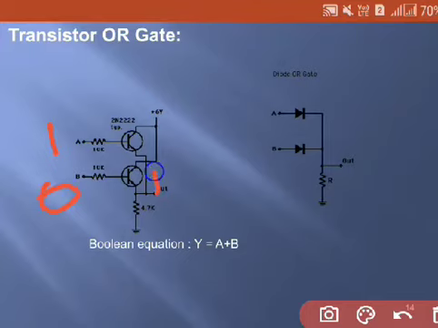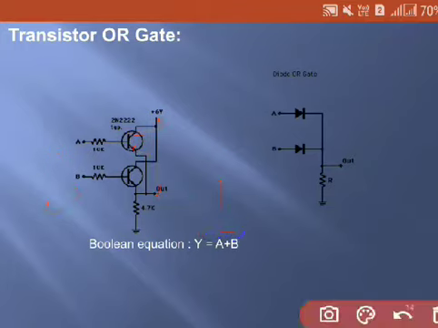The output is connected to VCC through the first transistor, so that for 1 0 combination, you will be getting the output as 1. Since this is turned off, there is no connection. Since the top transistor is turned on, output is directly connected to high voltage or VCC, so that output is equal to logic 1 for 1 0 combination.